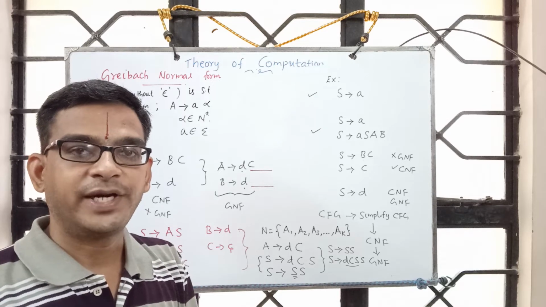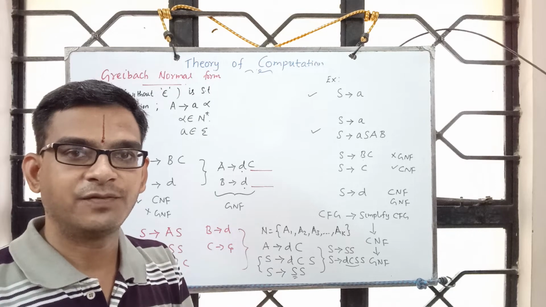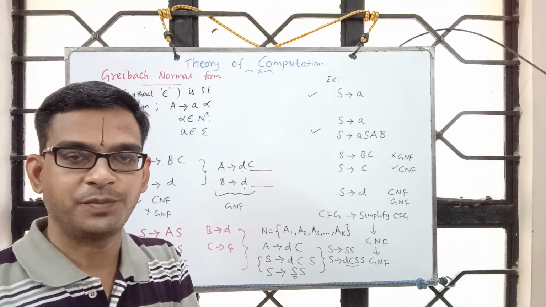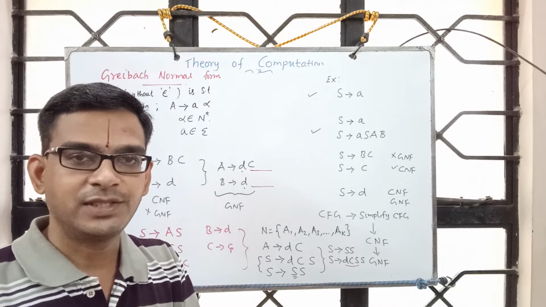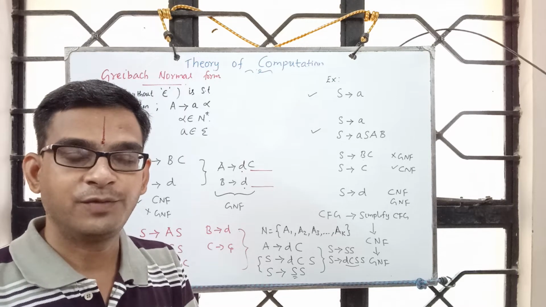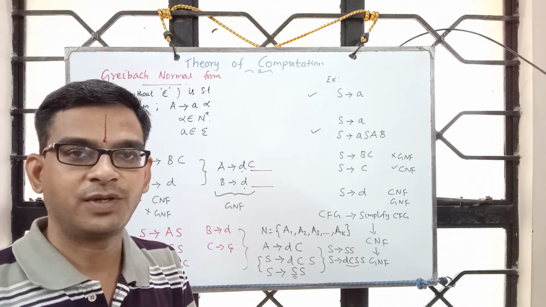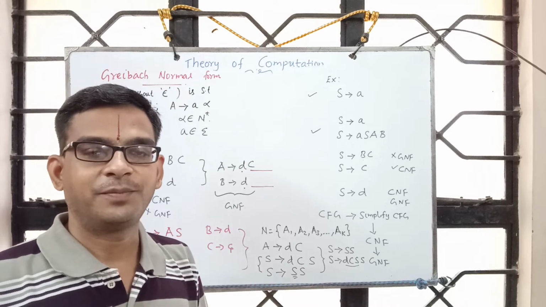On the fly, you get to understand why these modifications are done. For example, a production is replaced by a set of productions, why is this modification done, and how will this eventually give us Greibach normal form. All that you can appreciate on the fly. Let's take an example and experiment.